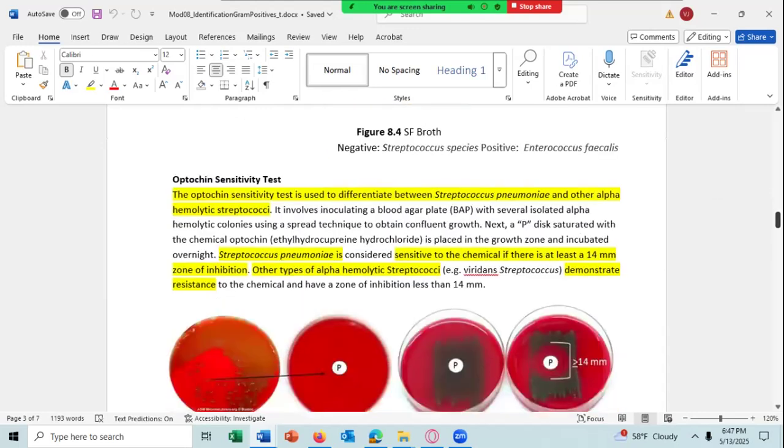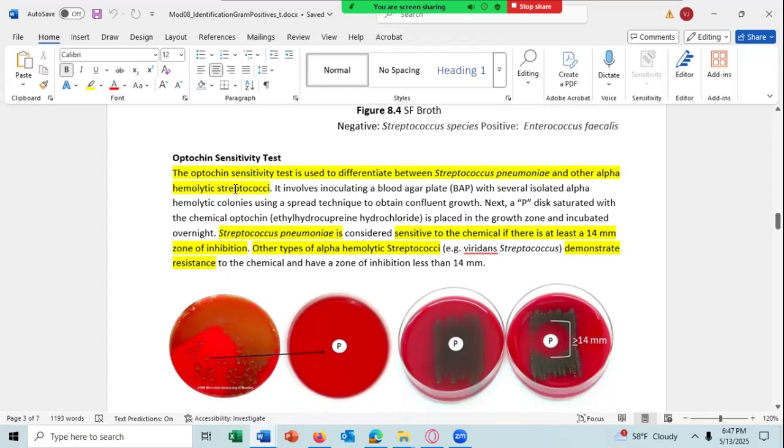All right, the optochin sensitivity test looks at the bacteria's sensitivity to the antibiotic optochin. This test is used to differentiate Streptococcus pneumoniae from other alpha hemolytic streptococci. So you have another member of the Streptococcus family.